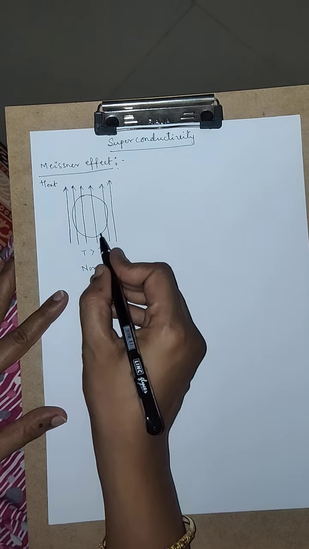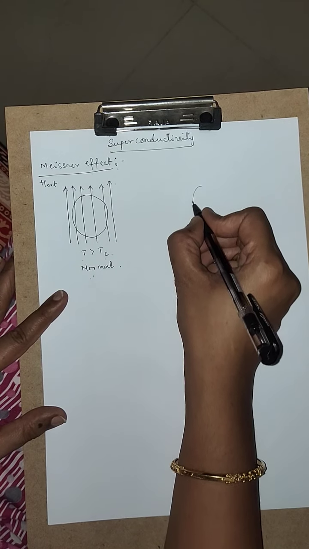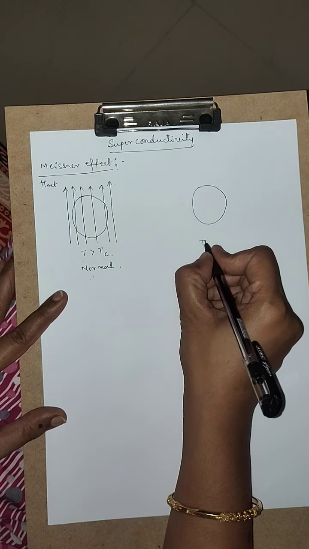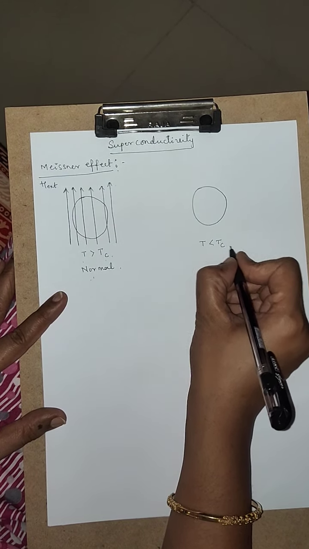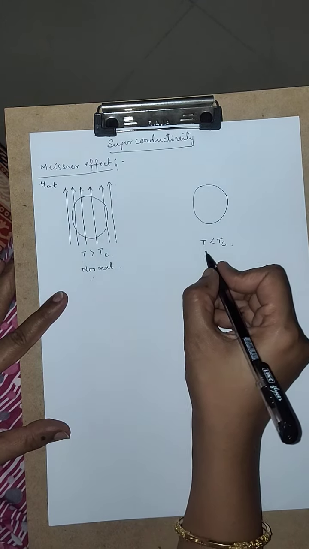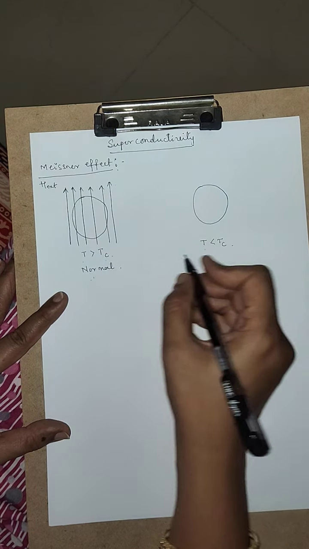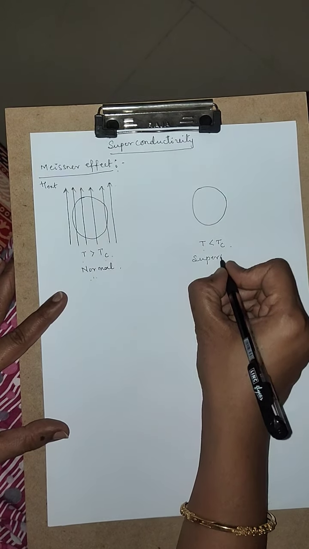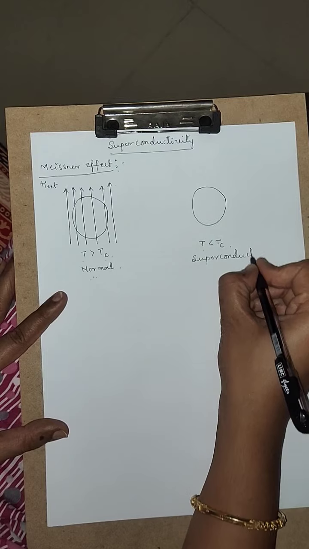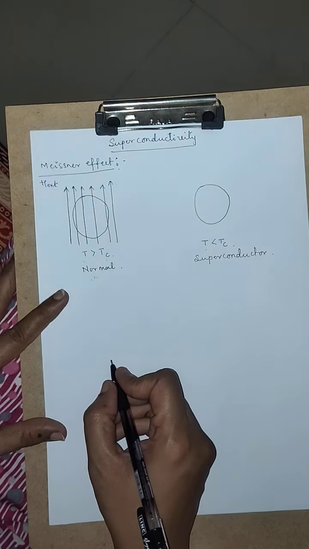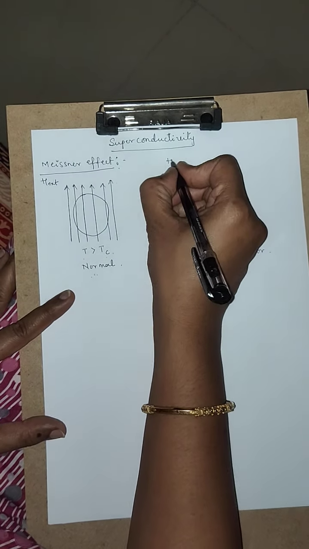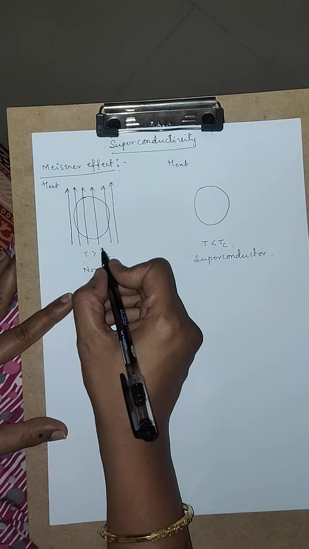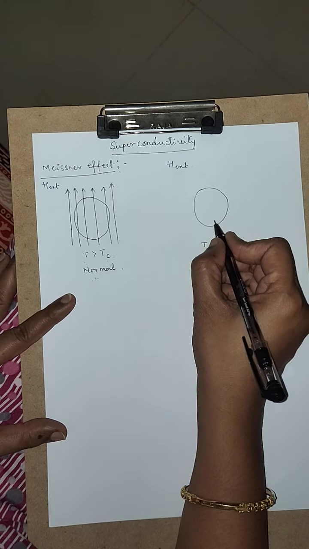Now let us take the same superconducting material and hold its temperature lesser than the critical temperature. Now it is no more a normal material. It is in its superconducting state. It is a superconductor now. When we try to apply the external magnetic field to this, these lines of force will not enter the specimen.